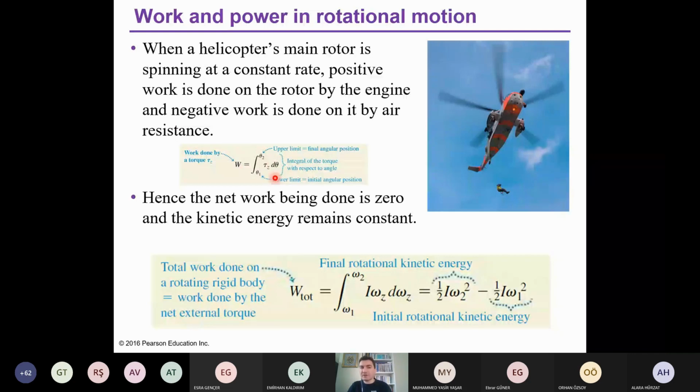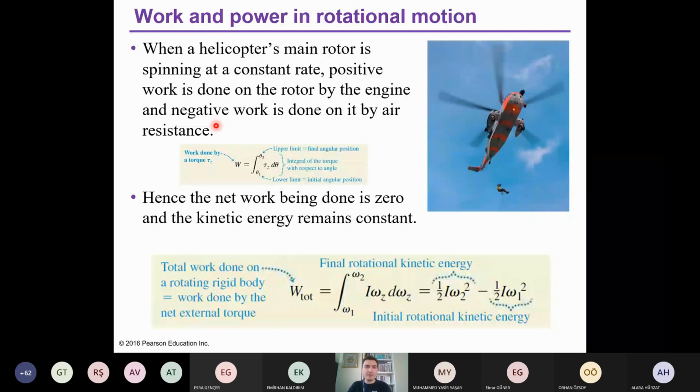And there is also work done by the friction force, air friction, okay? Hence the net work being done is 0 and the kinetic energy remains constant, okay? So look at W total, the total work done on a rigid body: final kinetic energy minus initial kinetic energy. If the angular speed is constant in both cases, then the change in the kinetic energy is 0. Then the total work done on a rotating body here is 0. So this is an example for a helicopter application.